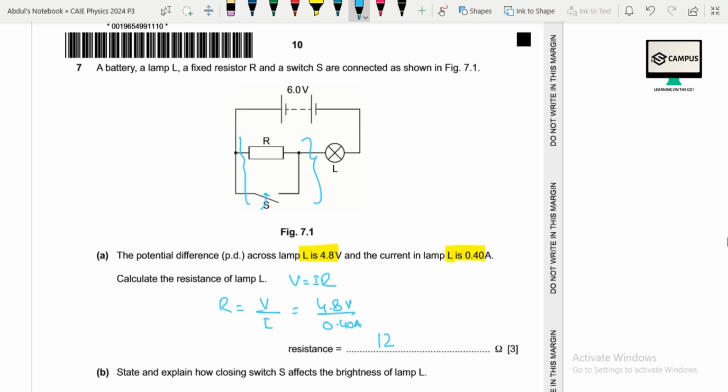So the overall resistance of the circuit would be decreased, and therefore the voltage drop across this equivalent resistance would be lower, and now more voltage would be dissipated across the lamp, and therefore the lamp should shine brighter. So let's write that down.